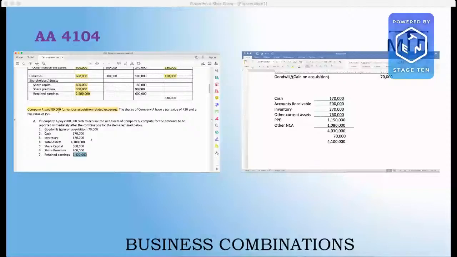That's why the amount that will be reported in the financial statements immediately after the combination would be 2,420,000. If you look at class for your share capital, it is simply 600 and 300, the same amounts reported by the acquirer immediately before the combination.